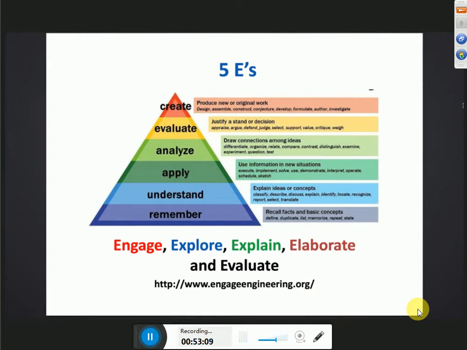So the 5 E's are inbuilt in the Bloom's taxonomy pyramid, and I gave a web link here. If we have time, we will open it. This web link contains some examples for your different classes.